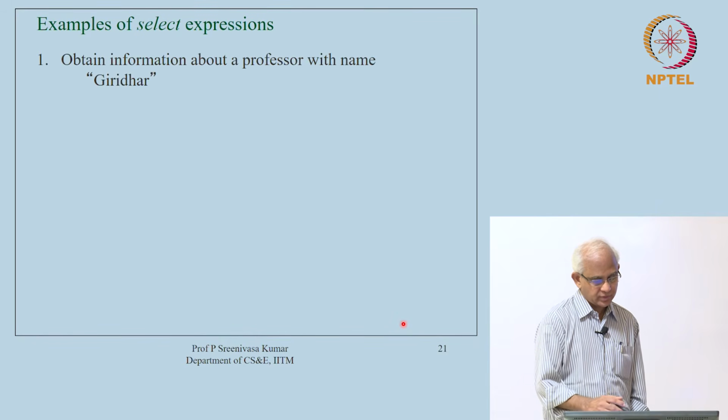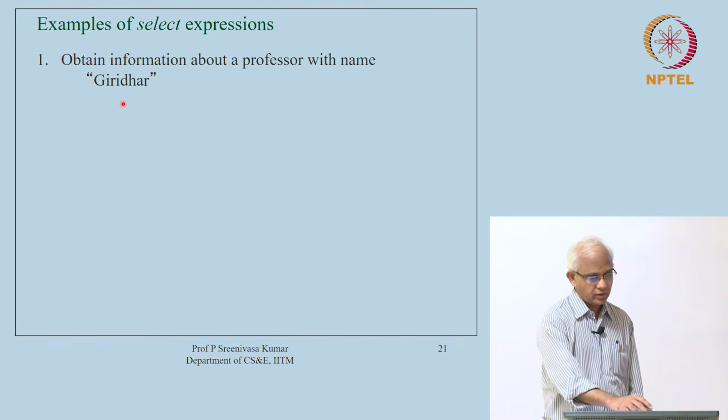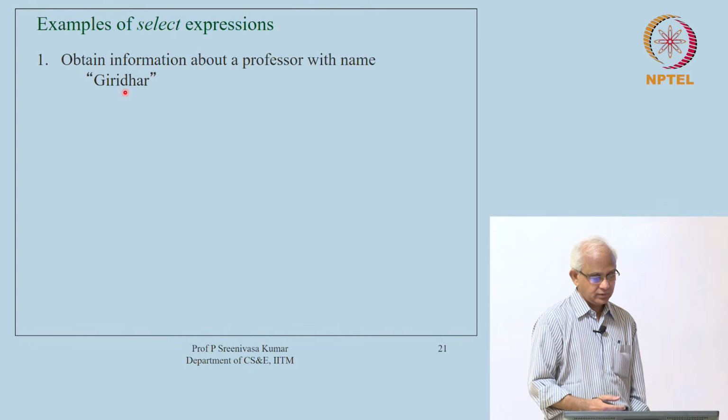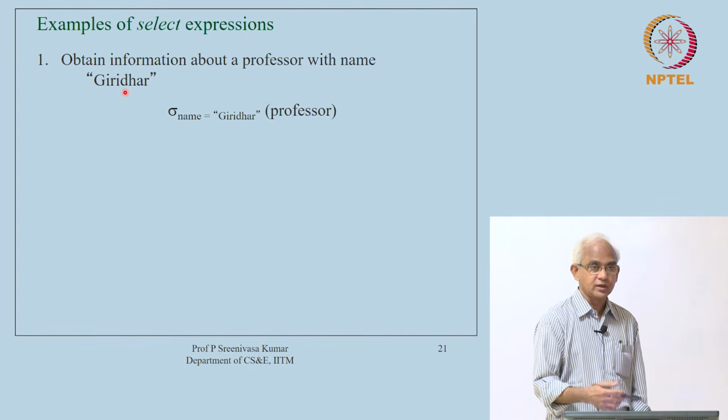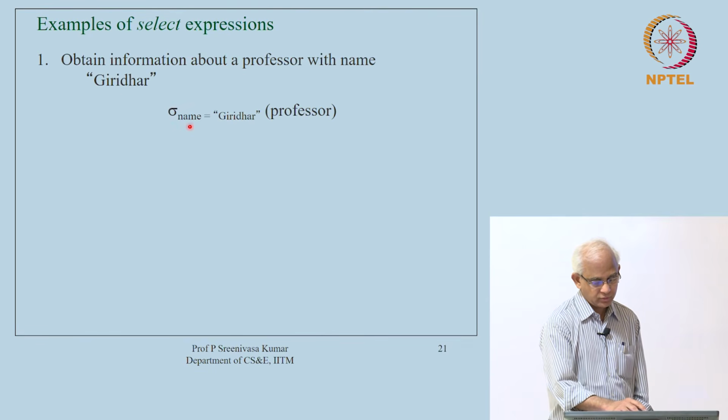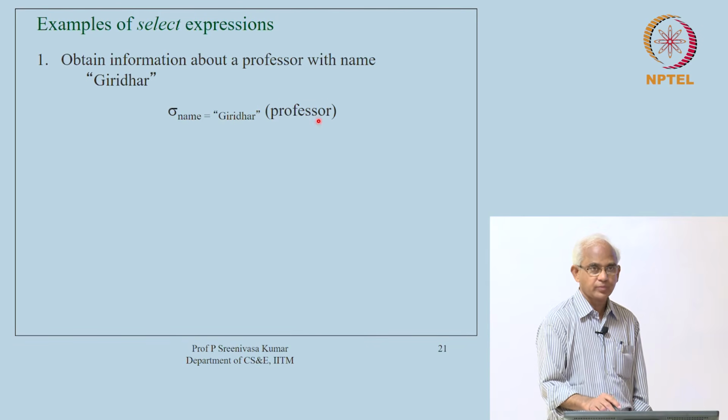So let us look at some example select questions. Obtain information about a professor with name Giridhar. Let's start with that. There may be several Giridhars in the institute. So now we are saying name is an attribute of the professor relation.